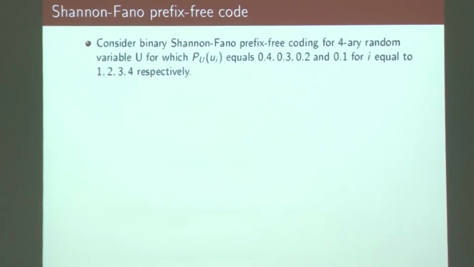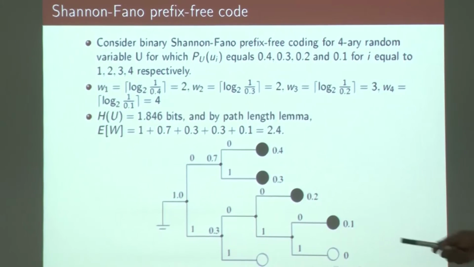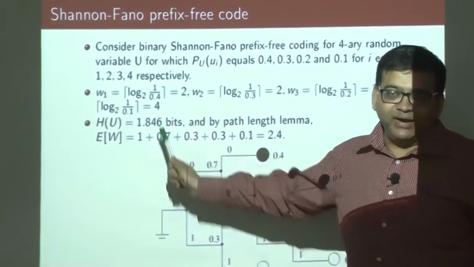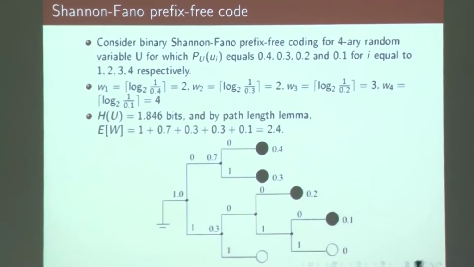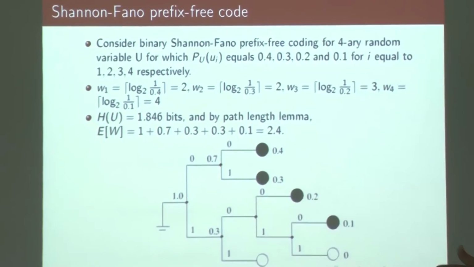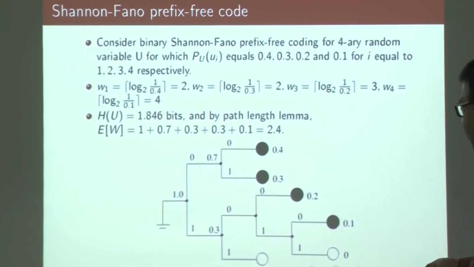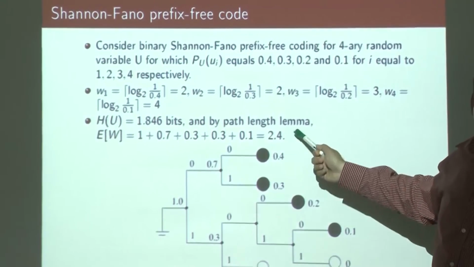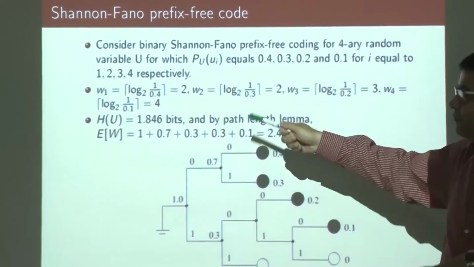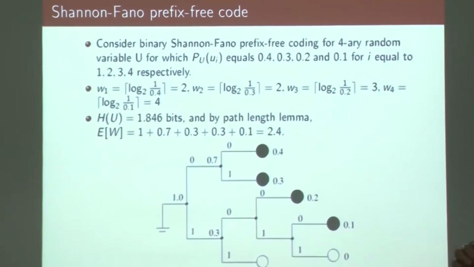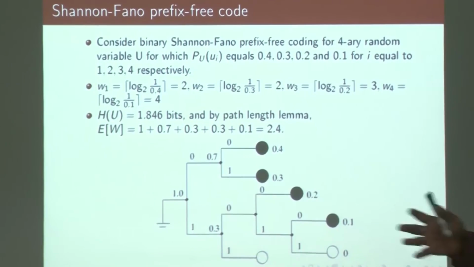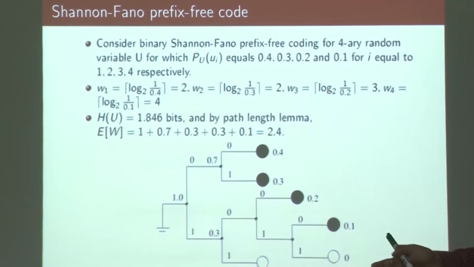If you look here, the entropy is 1.846. So it says the Shannon-Fano code length will be between 1.846 and 2.846, which indeed it is, at 2.4, the average code word length. But if the entropy were, let us say, 1000, then that is pretty good, if I am getting a code which is between 1000 and 1001.